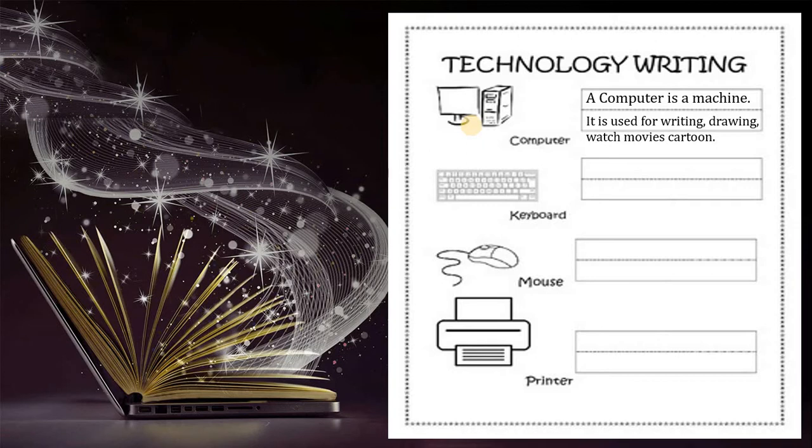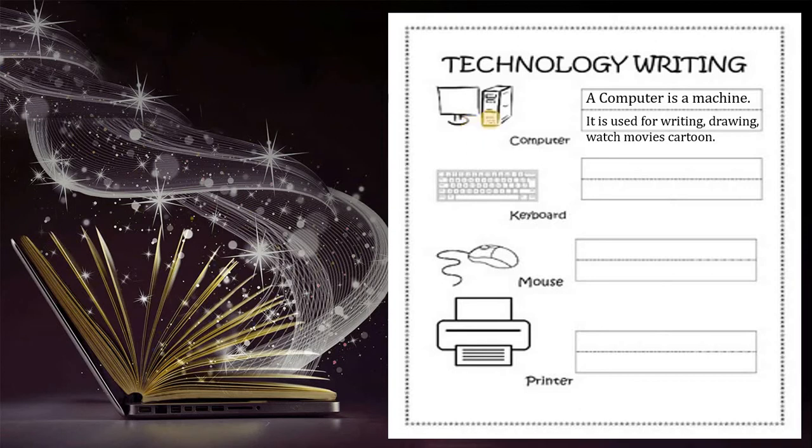Then we write about its uses. It is used for writing, drawing, watching movies and cartoon films, listening to music, and playing games, right? These are the common uses of a computer, and so I write the second sentence.